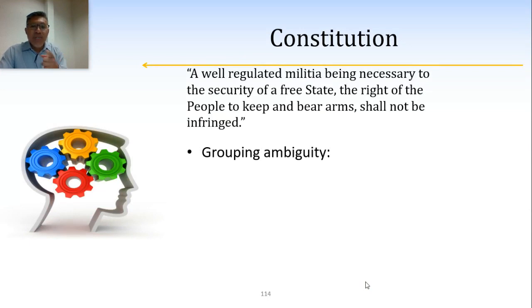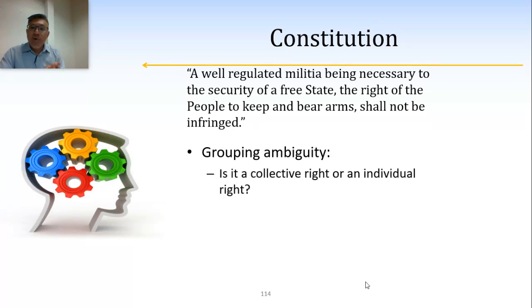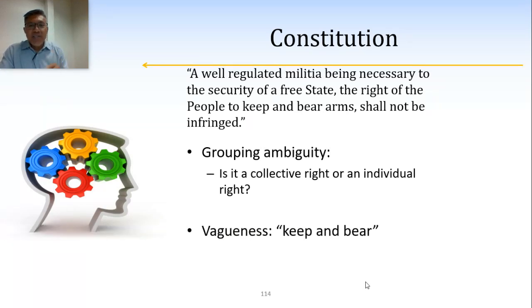Can you see a grouping ambiguity here? A well-regulated militia being necessary to the security of a free state, the right of the people to keep and bear arms shall not be infringed. The right of the people, does that refer to the collective right, as in the right of the country to keep and bear arms? Or does that refer to the individual right, that each individual has a right to keep and bear arms? It's not clear. There's vagueness involved.